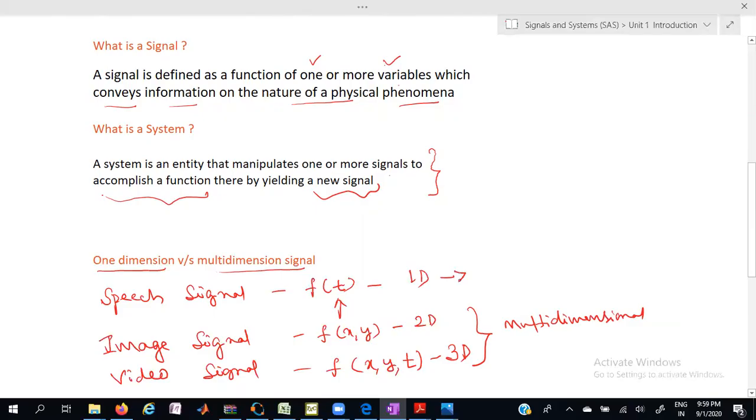Here t is an independent variable, and similarly x and y are independent variables. F depends on these, so it is called a dependent variable. So depending on the number of independent variables, we classify signals into one-dimensional and multi-dimensional.